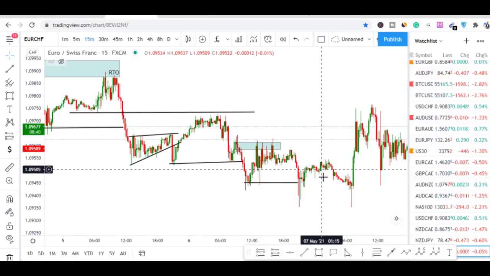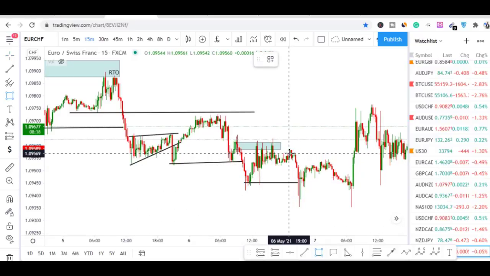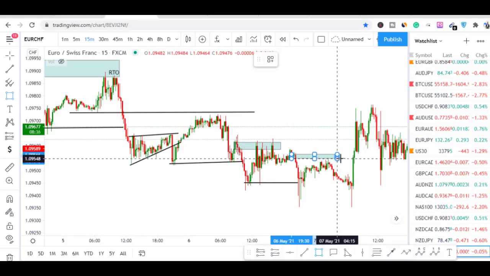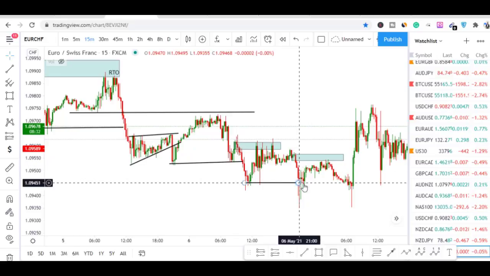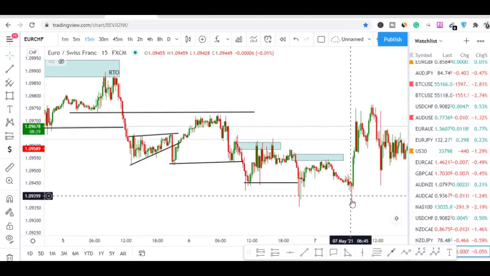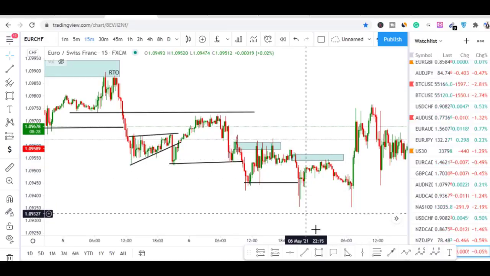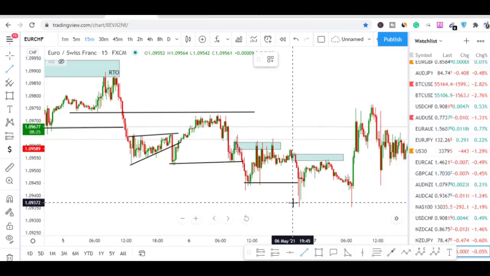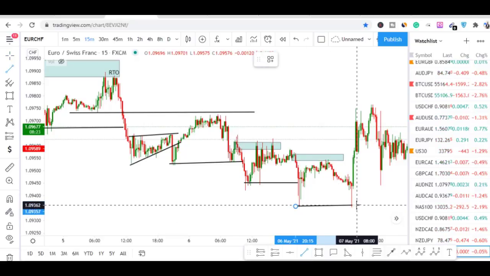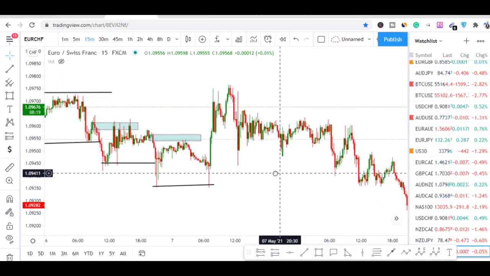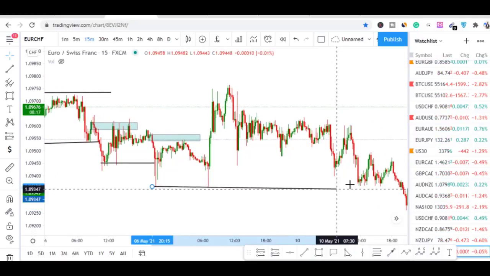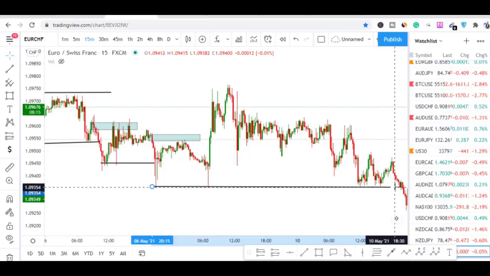You see price came and it tends to respect this order block right there. Boom. It touched it and fell down again, and it formed an equal low right there. You must understand that price will always take out equal highs and equal lows, right?